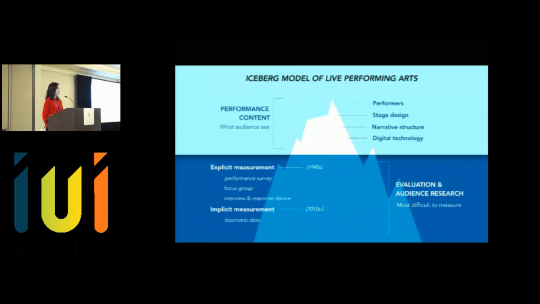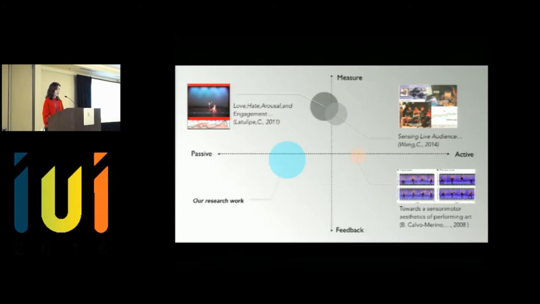And a lot of research started to use explicit measurement to measure the quality of performing art since the 1990s. And after decades, some of the research is measuring the audience biometric data when the audience are watching a performance. If we look at some of the related work, we could see that most of the work requires passive and active behavior from the audience.